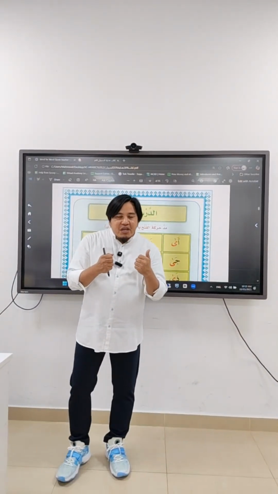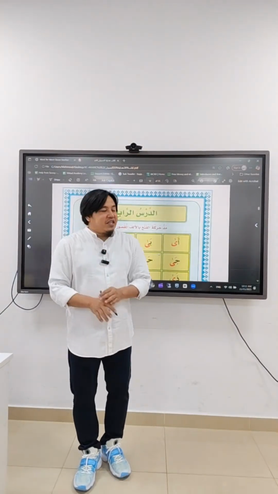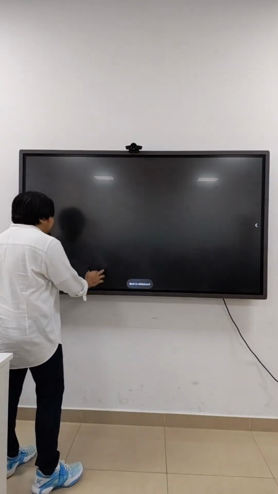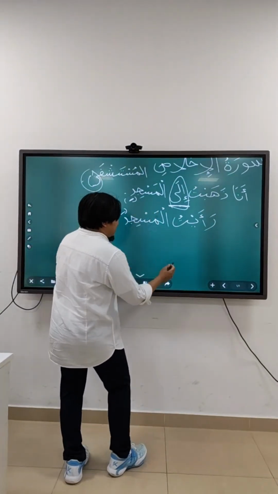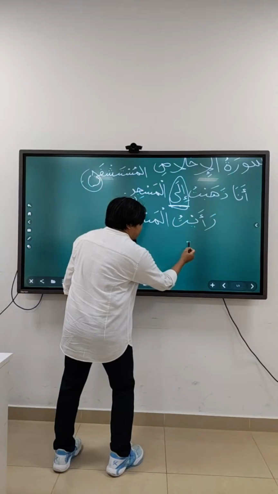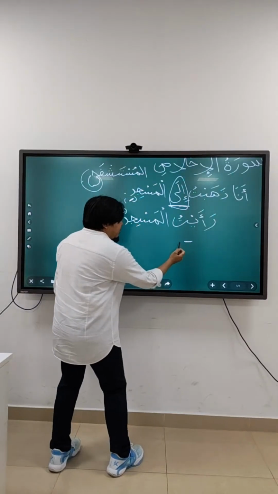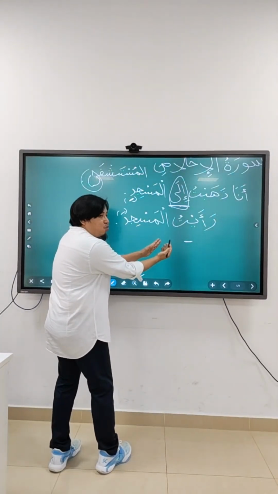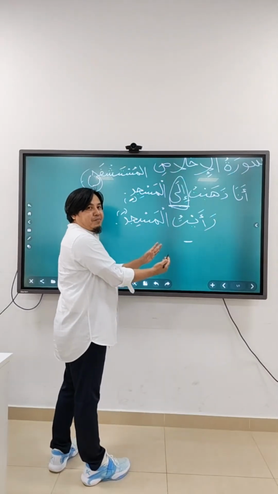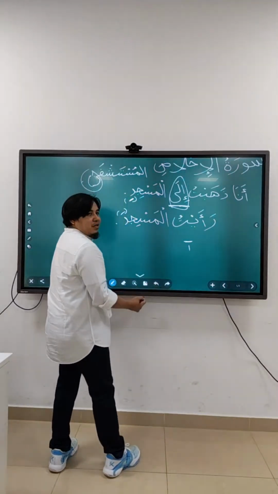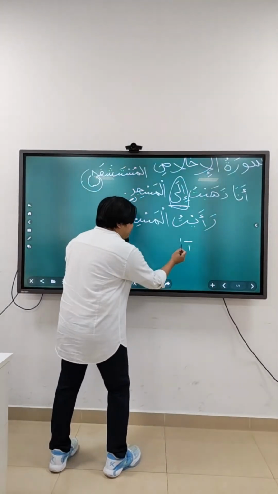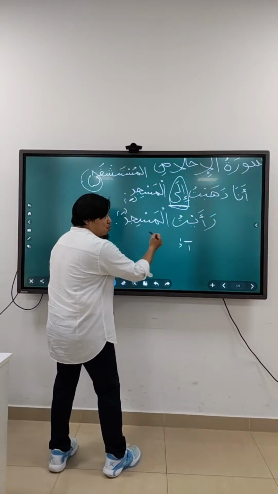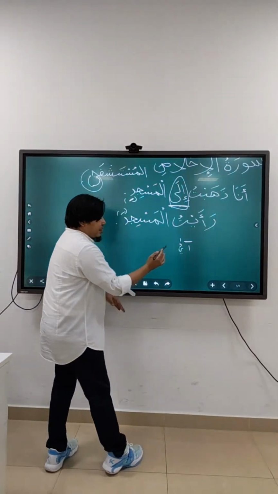The prolongation might be, for example, any consonant letter here, and then the next letter will be a prolongation point. First letter of the word, then the second letter is prolongation, either alif, waw, alif a, or waw u, or ya e.